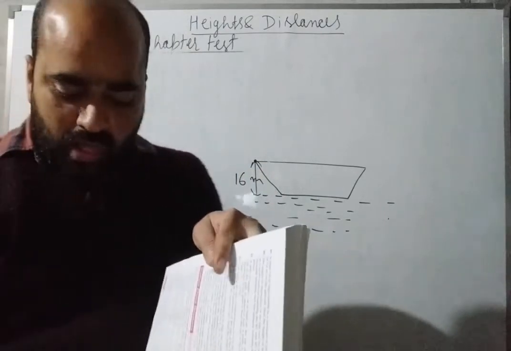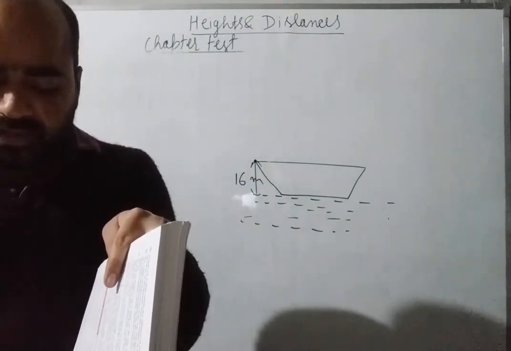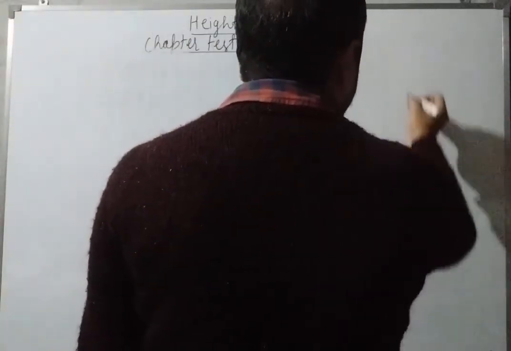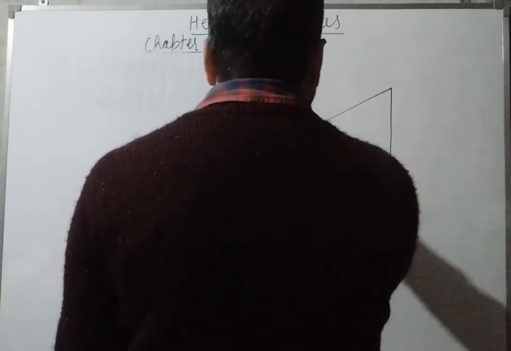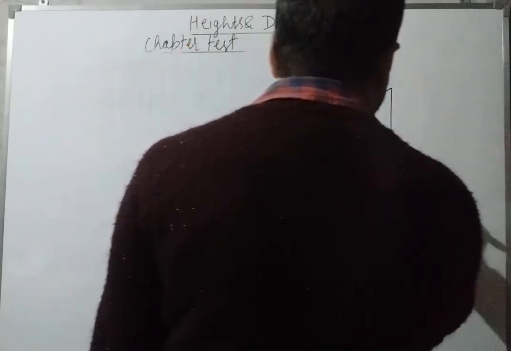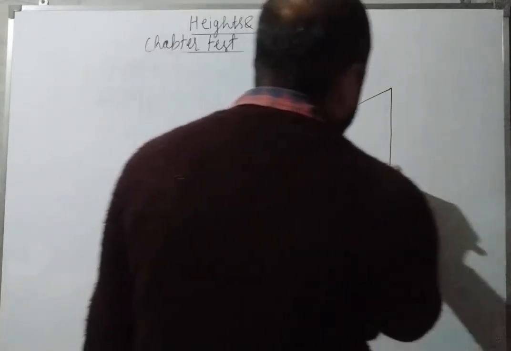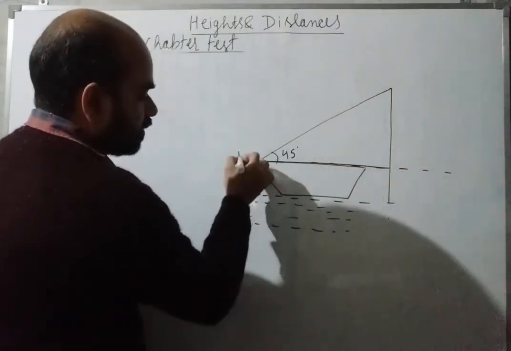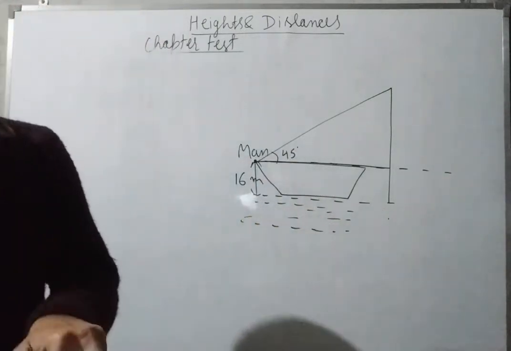Next, he observes that the angle of elevation of the top of a cliff is 45 degree. So this will be 45 degree. Why? This will be a horizontal line since the man is present here 16 meter above the water level on the deck.